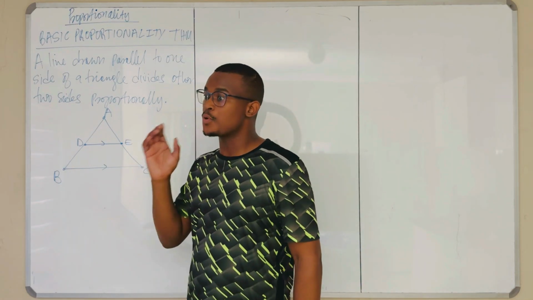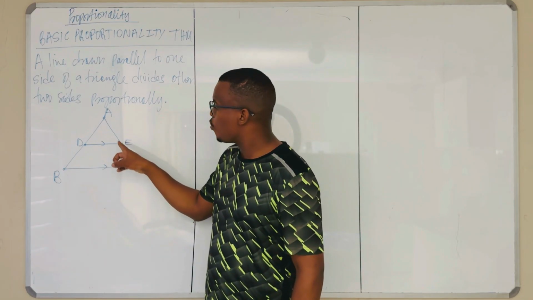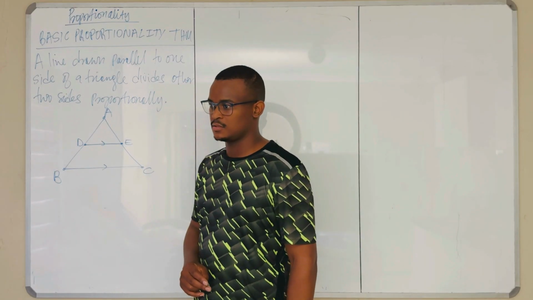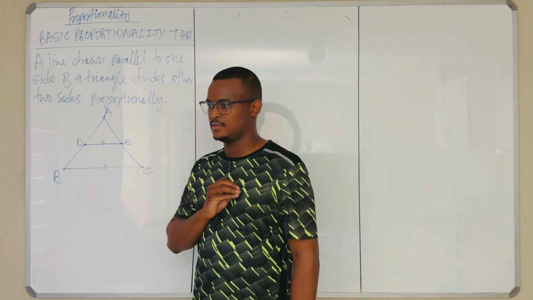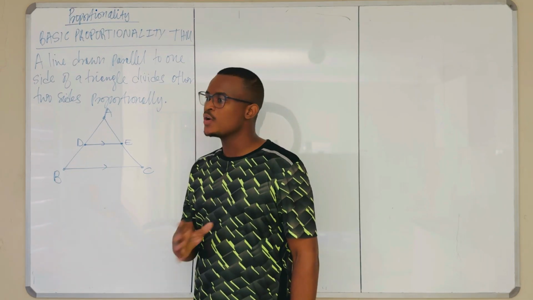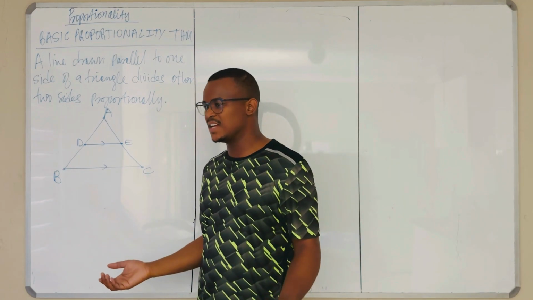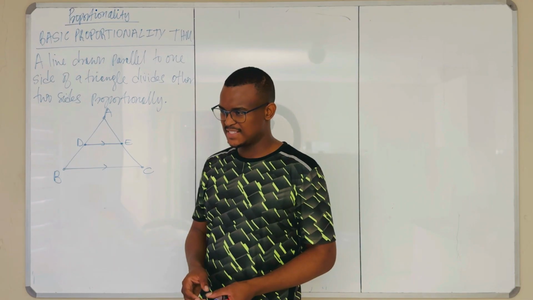When you say proportionally, it means this line DE will divide these two sides at the same ratios, at equal proportion. Saying same ratios or equal proportions is the same thing as saying proportionally. Does it make sense?